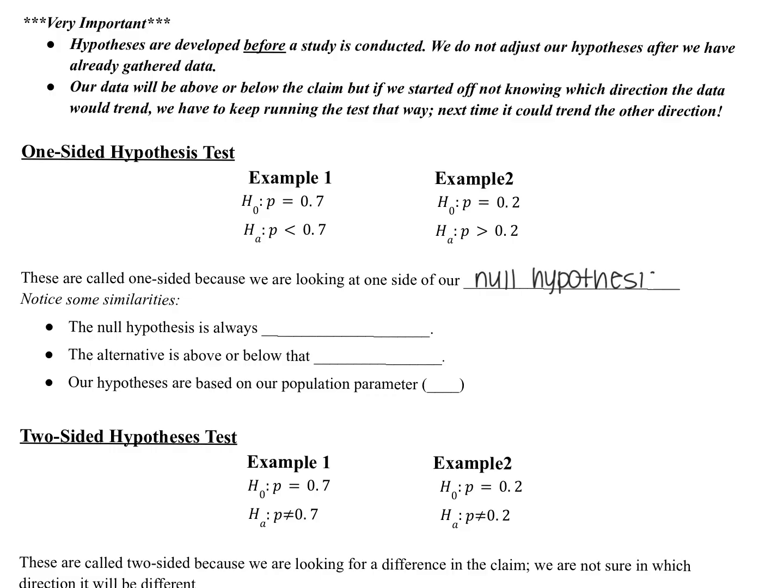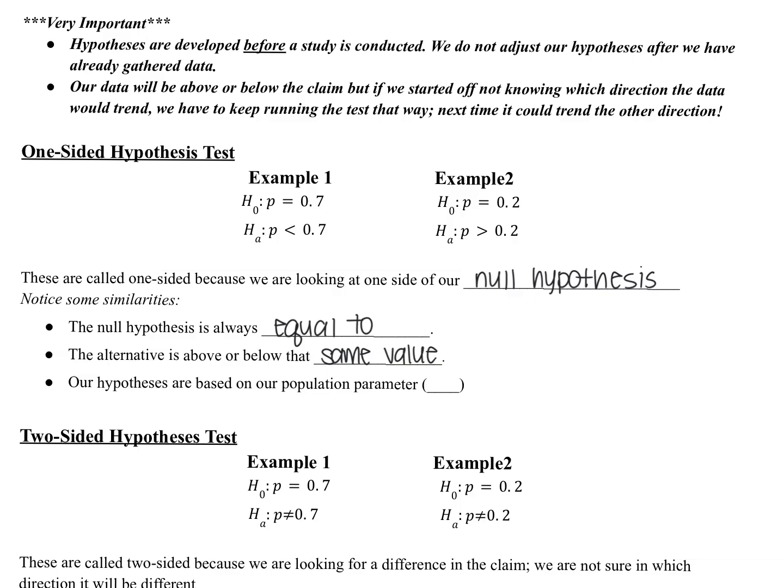And these hypotheses use the same value for the null hypothesis and the alternative hypothesis. So a null hypothesis is always equal to. Whatever your proportion is, we will always state that the null hypothesis is equal to it. The alternative hypothesis is set above or below that same value.